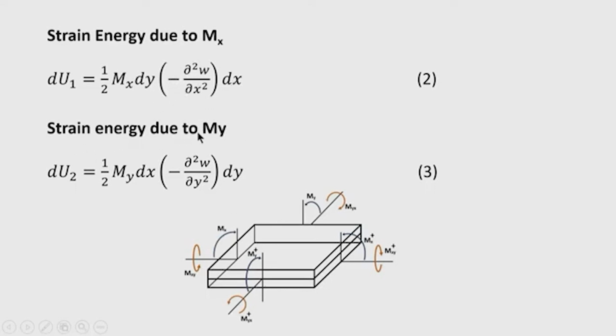Strain energy due to My is also written in a similar fashion: half My dx, because My is acting along the edge whose length is dx. So half My dx is the average moment acting on this edge multiplied by the change of the slope. That quantity is taken because here the slope is along the y direction. Okay. So this is the strain energy due to My.